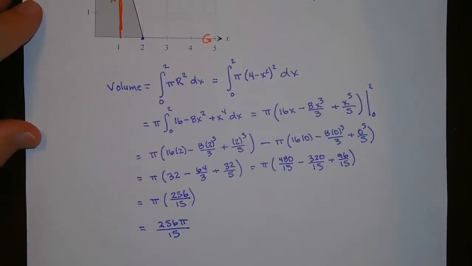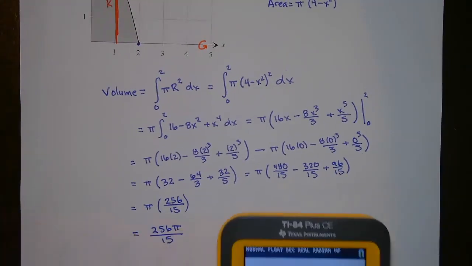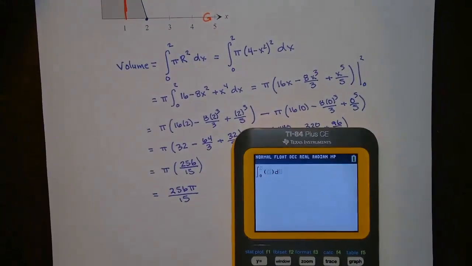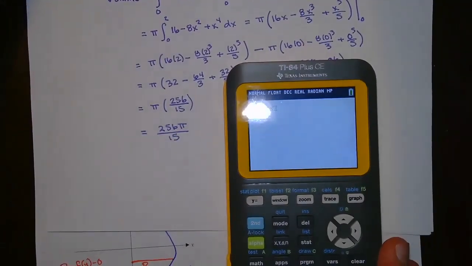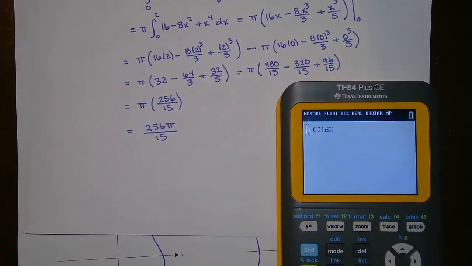I should have slid that up, sorry. So I'm going to put this in the calculator to show you. If we use the integrate function and go from 0 to 2 of pi times 4 minus x squared, close the parentheses, squared, and then dx, we get this value.